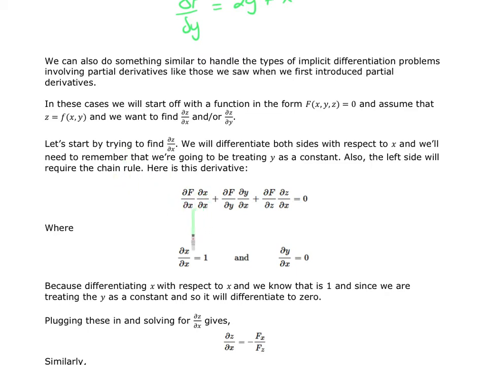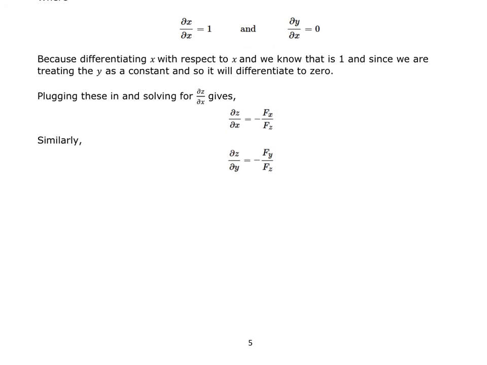If I want to find the partial derivative of z with respect to x, it is the negative of the partial derivative of my function with respect to x divided by my function with respect to z. And if I want the partial derivative of z with respect to y, then it is going to be, don't forget the negative, the function's derivative with respect to y divided by the function's derivative with respect to z.